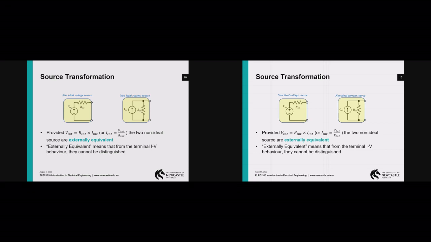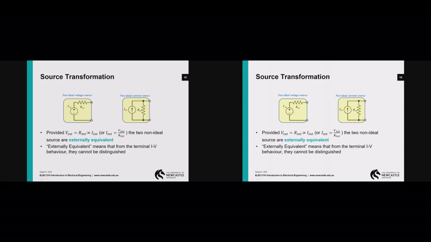So all that suggests is that those two sources there can be made externally equivalent, providing that the relationship V internal equals I internal times R internal is maintained.